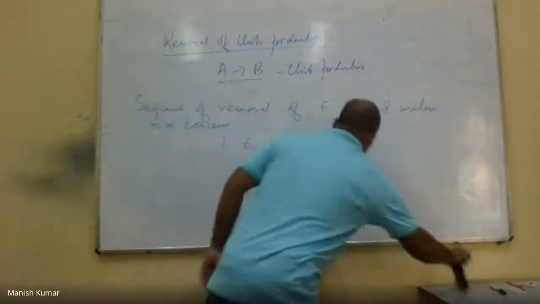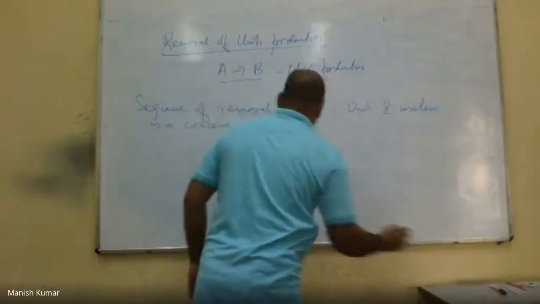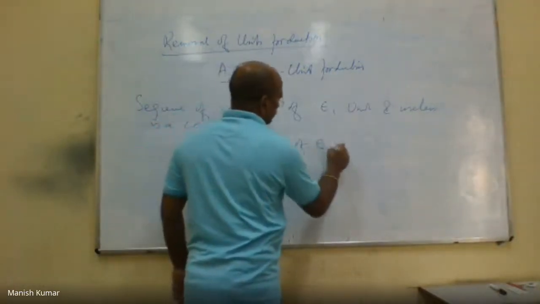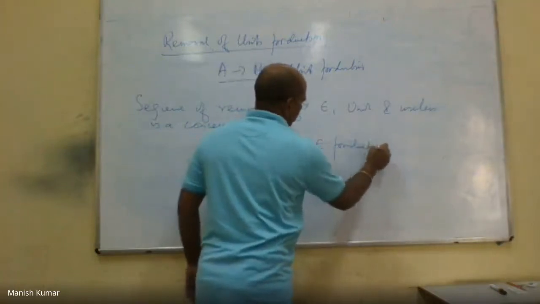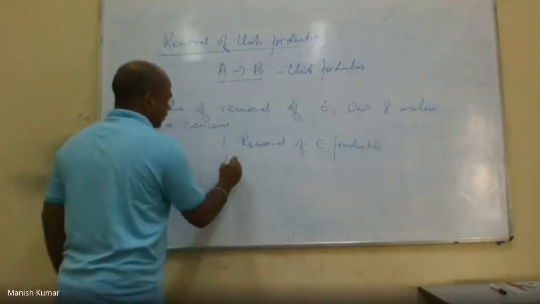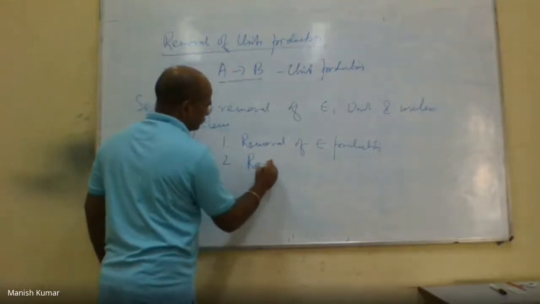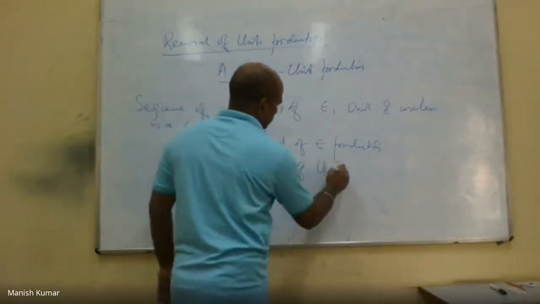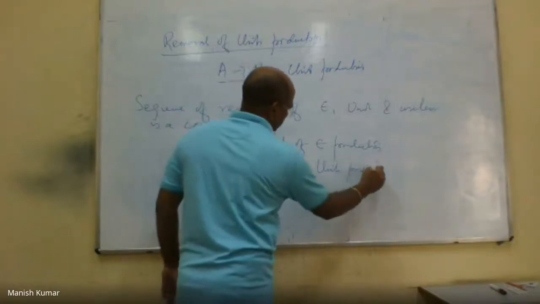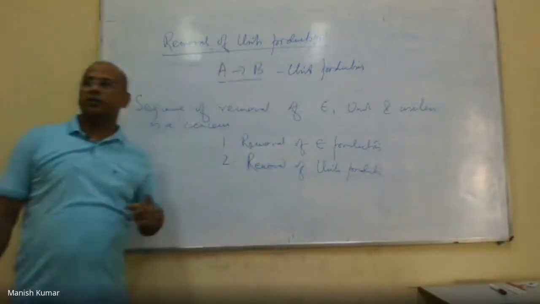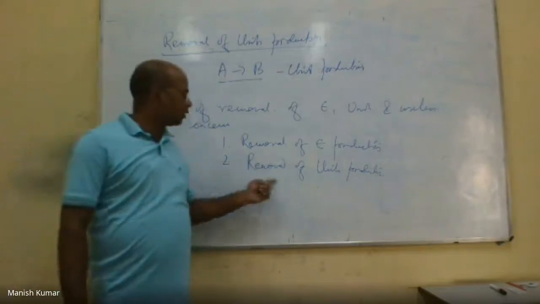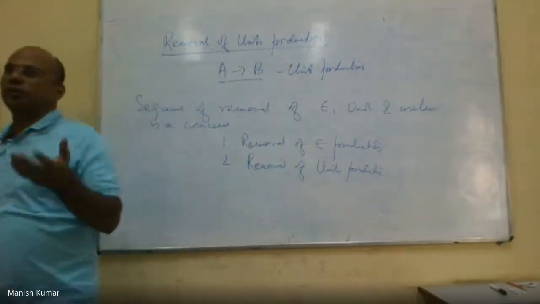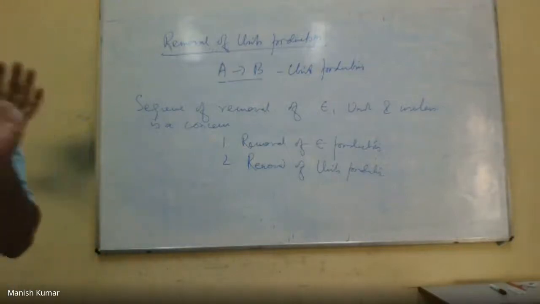So first, removal of epsilon production. Then go for removal of unit production. The reason is that while removing the unit production, there is always a case that you will be generating some useless symbols.